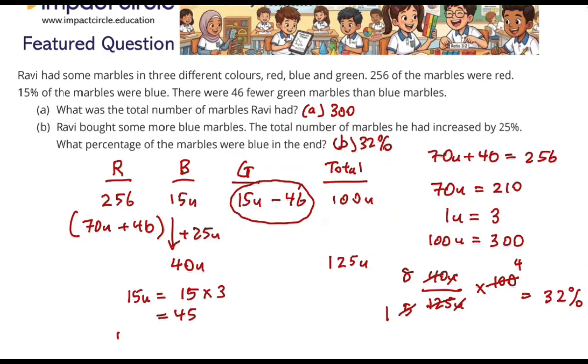And that means that the number of green marbles is actually a negative number, which in the real world cannot happen. So this is actually the problem with this question.